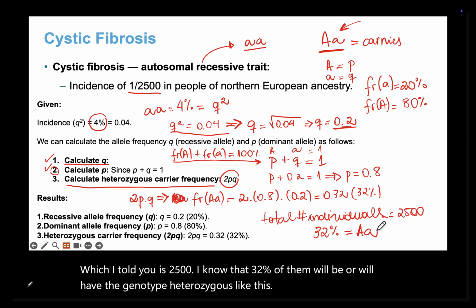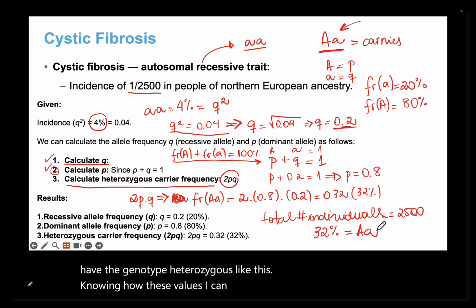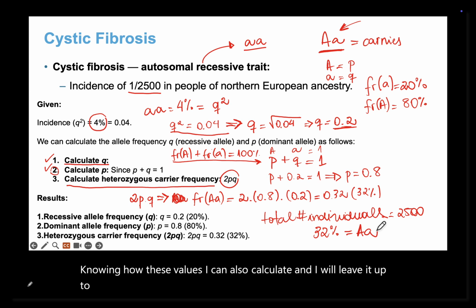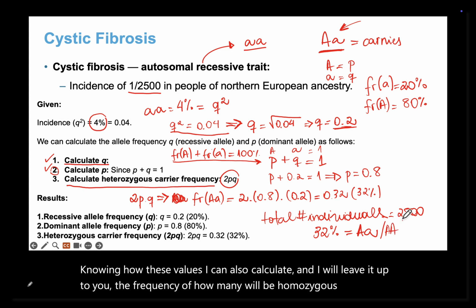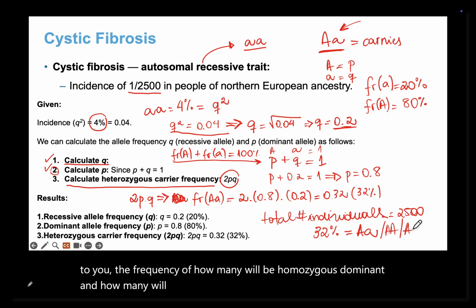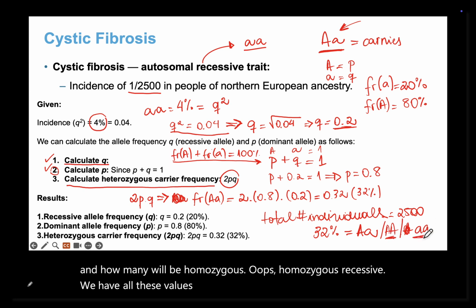Knowing all these values, I can also calculate, and I will leave it up to you, the frequency of how many will be homozygous dominant and how many will be homozygous recessive. We have all these values and we are able to calculate all of them.